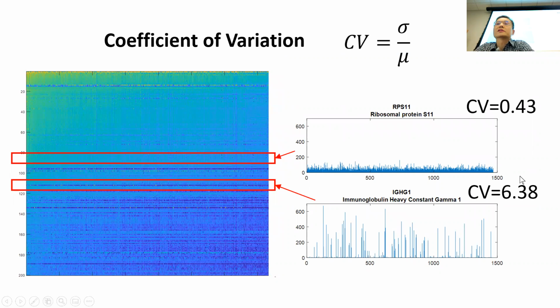So it's not a surprise if you compare the variation measured by coefficient of variation. The ribosomal protein subunit has a CV equal to 0.43. Well, this immunoglobulin heavy chain constant has a CV equal to 6.38, much higher.